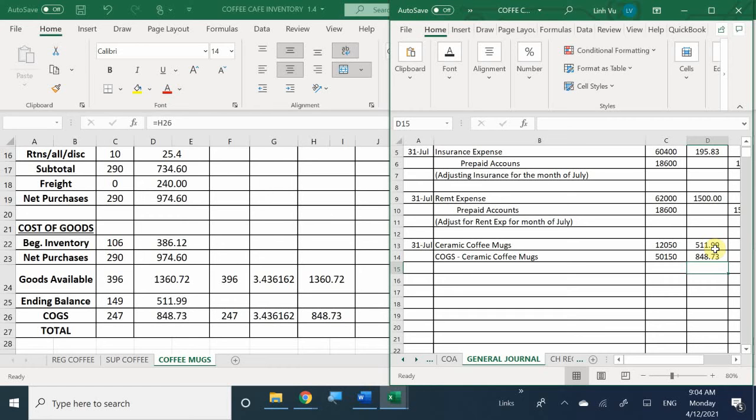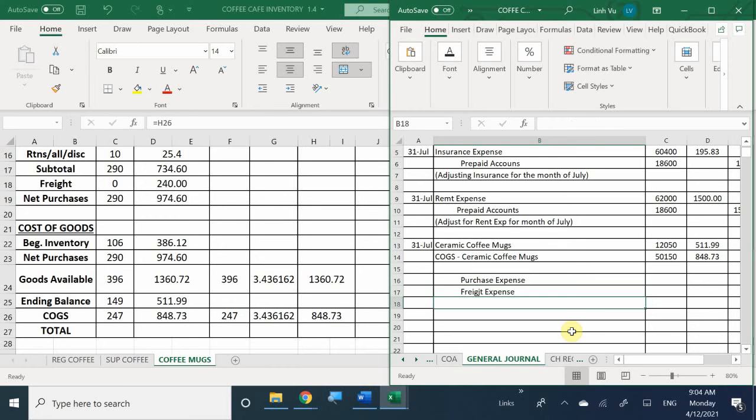Purchase expense, good. And of course, if I have purchase expense, what came? Yes, good. We had freight expense.